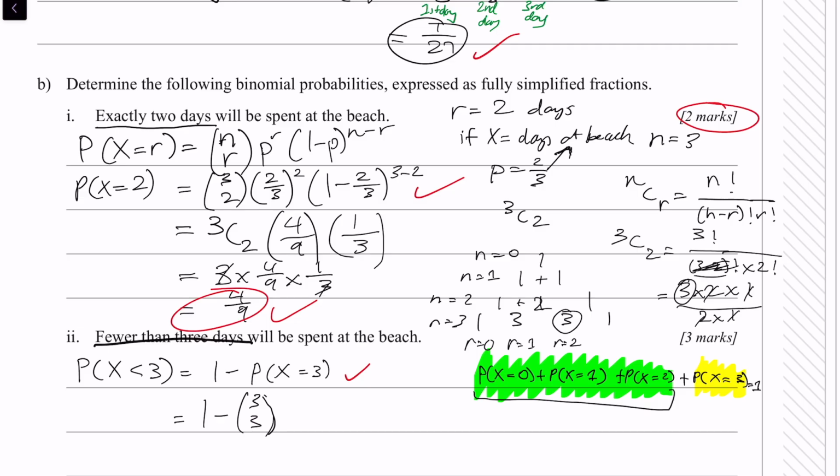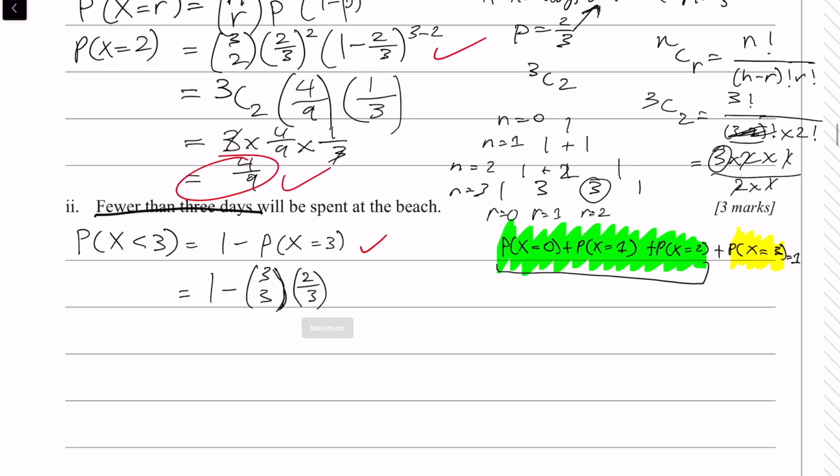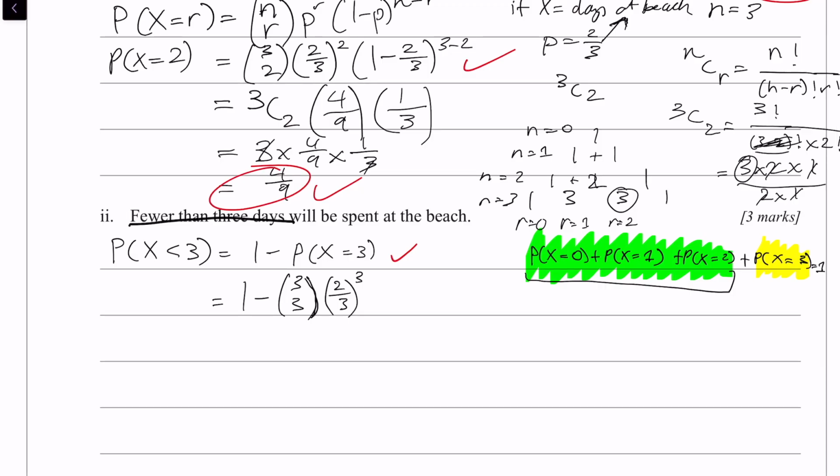Okay, and the probability that will be spent at the beach is 2/3, again from that pie chart, raised to the power of r, which is 3, and times 1/3 raised to the power of n minus r, which is 3 minus 3, or 0. Okay, and so that's our second mark, which is determining the required binomial expression for the calculation.